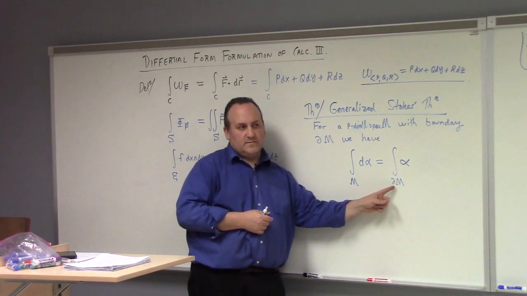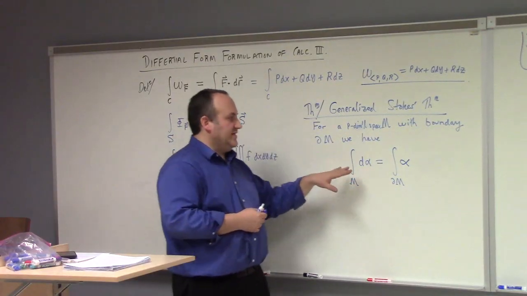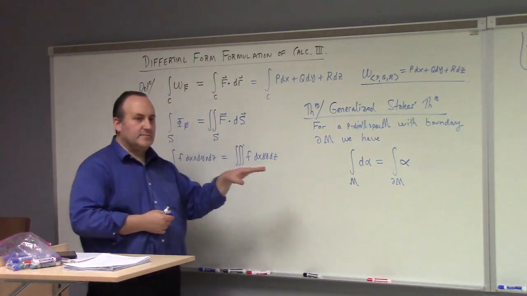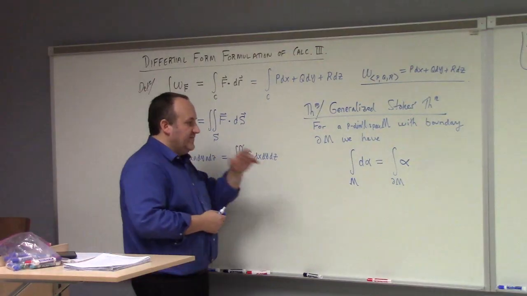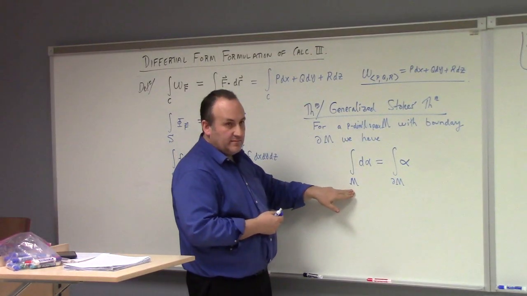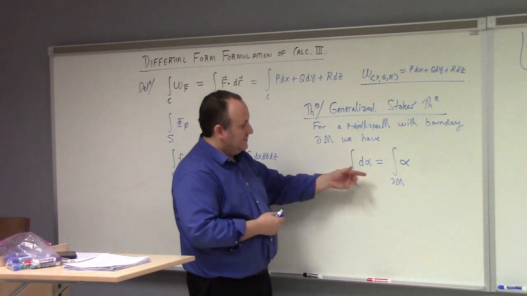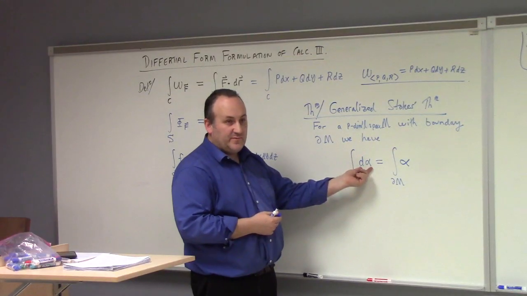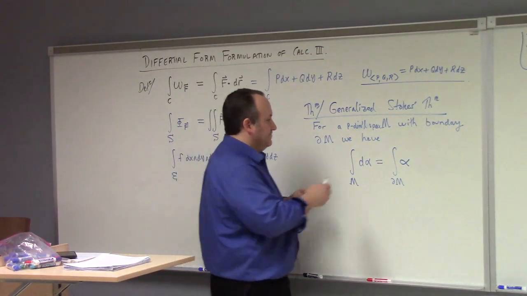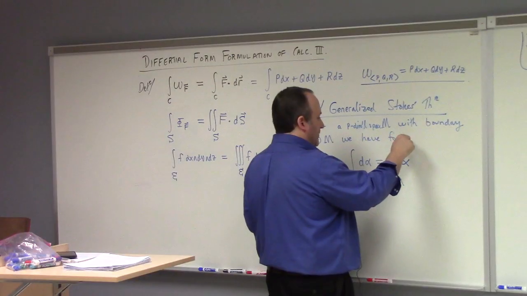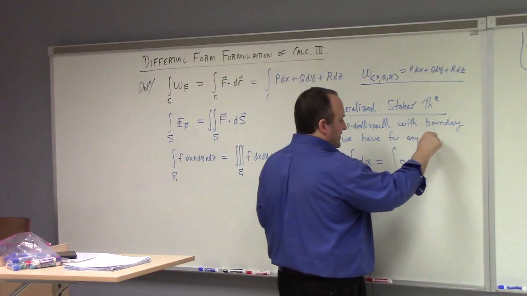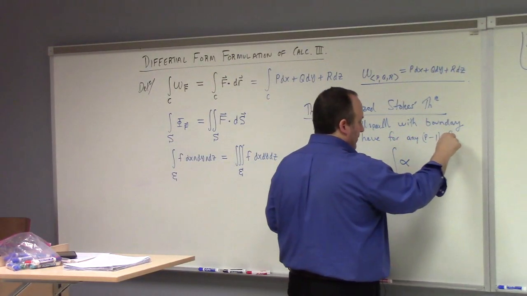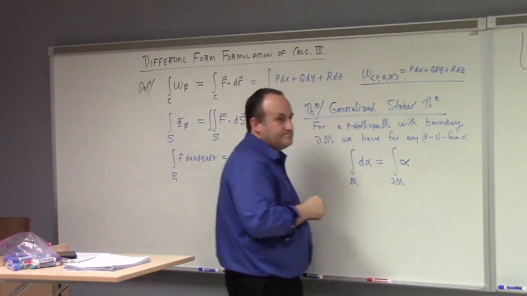Now, for this to make sense, what kind of form am I looking at? Like if this is p-dimensional, then this must be a p form, which means alpha must be a what? P minus 1 form. Alpha.